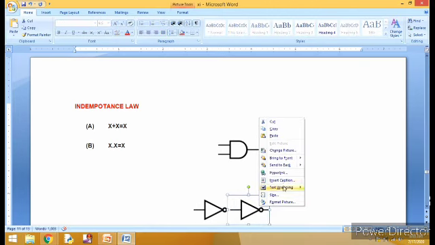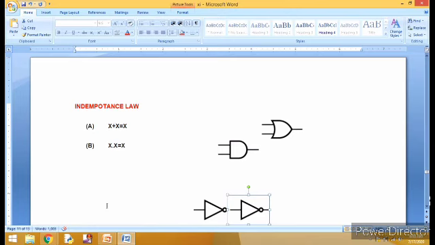If we give the input as X, what output will you get over here? You will get the output X. Let me show you how you get the output X.